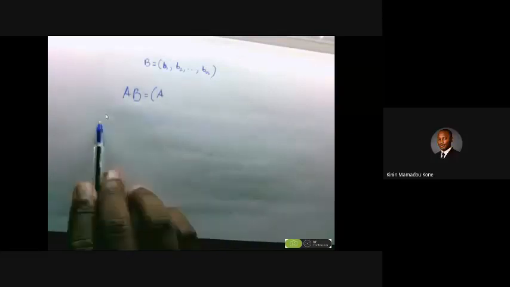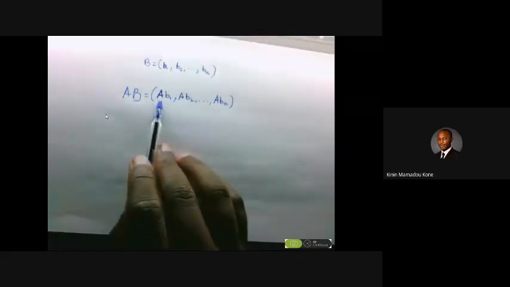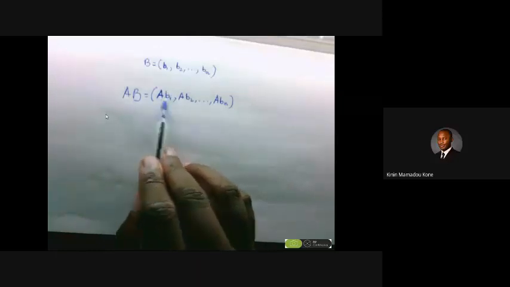The point is that if you have a product A times B, you can write it as matrix A times the column vector B1, matrix A times the column vector B2, and so on, up to matrix A times the column vector B sub n. Once you do that, you have to do this matrix times this column vector to find the result. This is one way. The other way is to think about this.